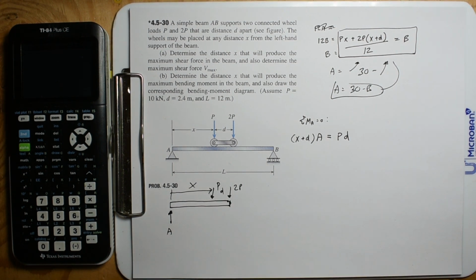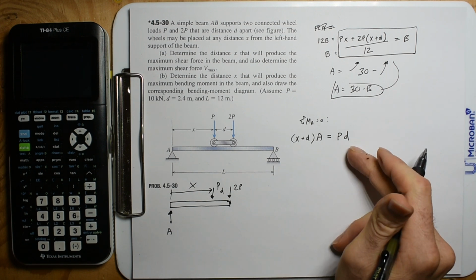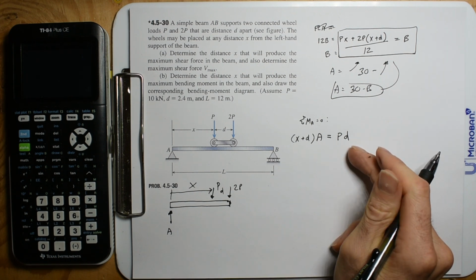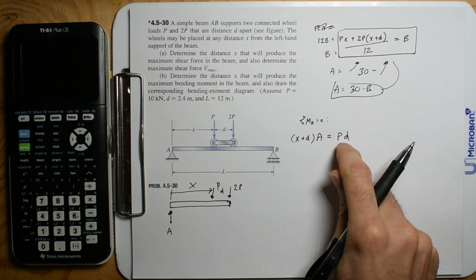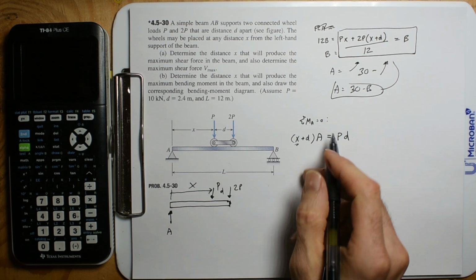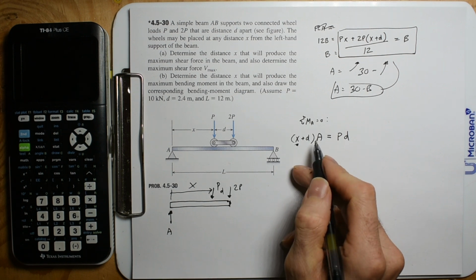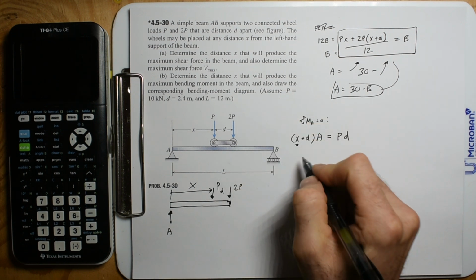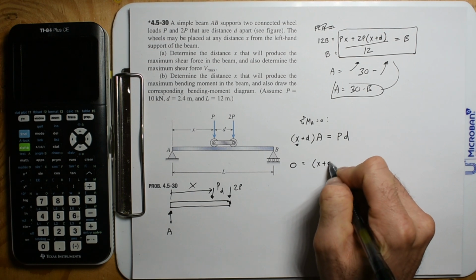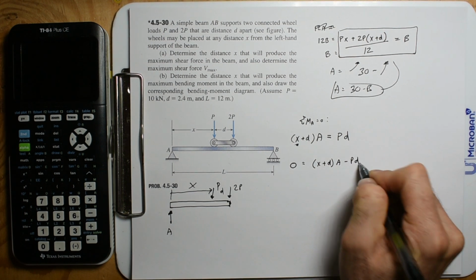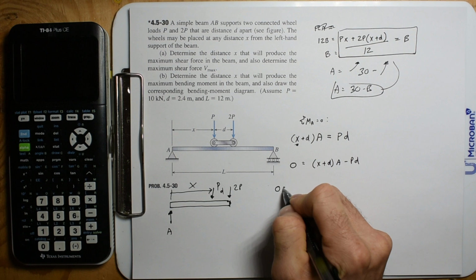So now we can just put this into our calculator and solve, well, and then graph for x. So let's get everything to one side. We're going to go 0 is equal to x plus d times A minus PD. And then we're going to just write it all out.